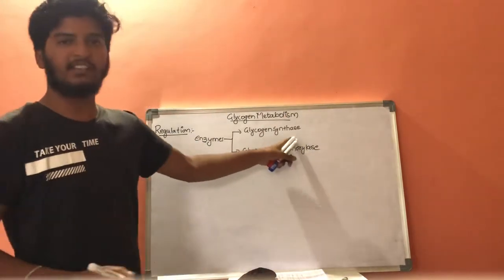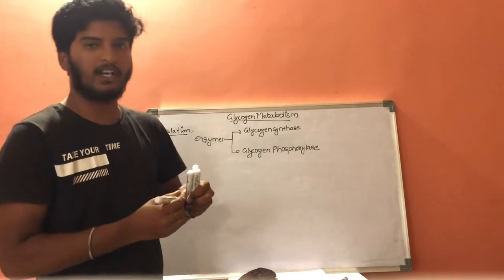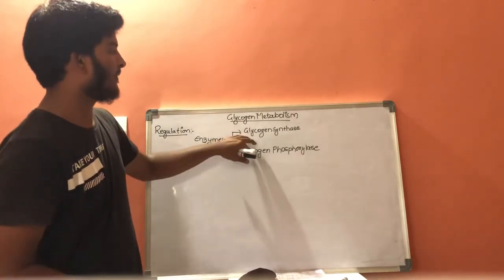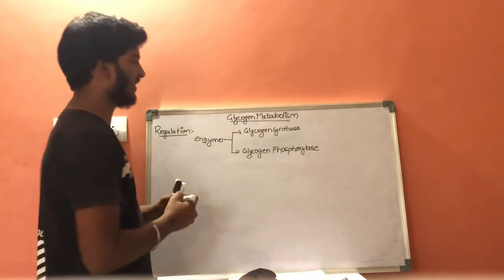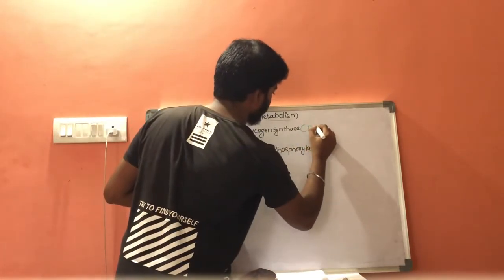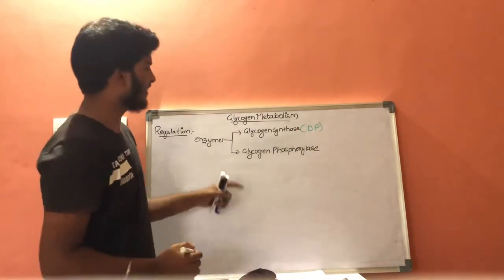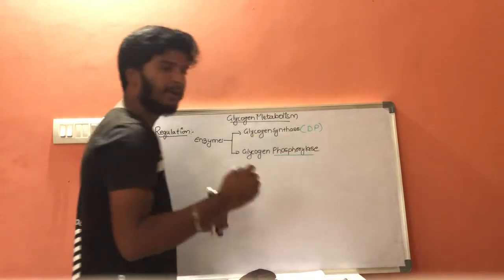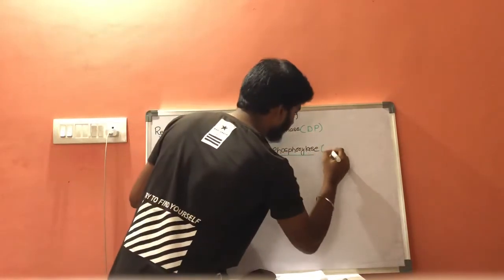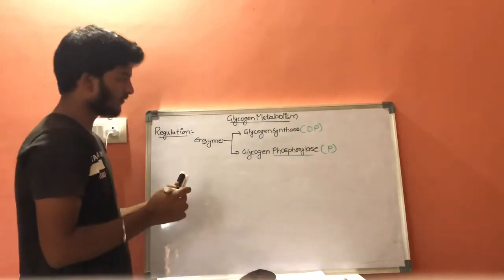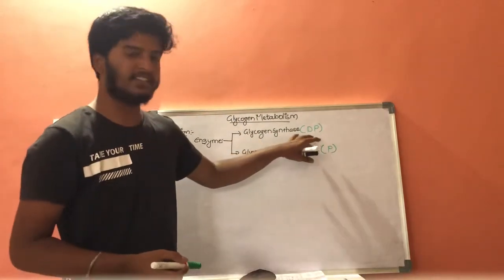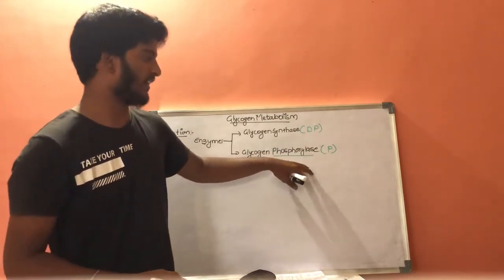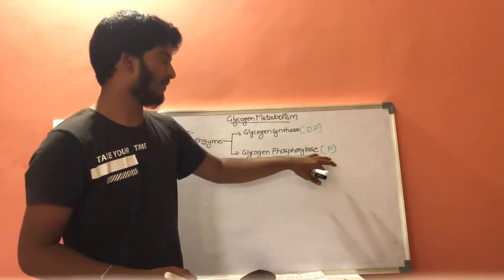Glycogen synthase is active in the dephosphorylated state, whereas glycogen phosphorylase is activated in the phosphorylated state.